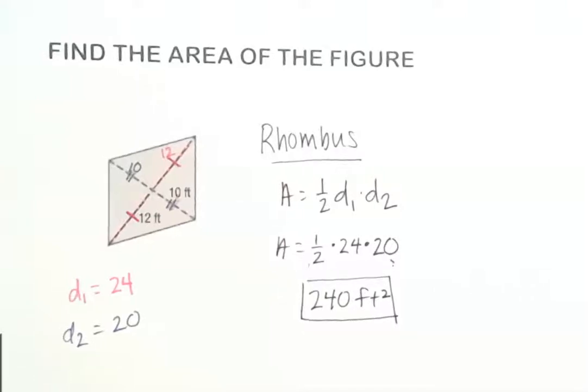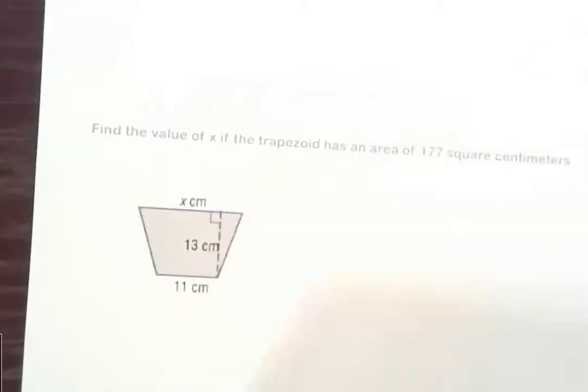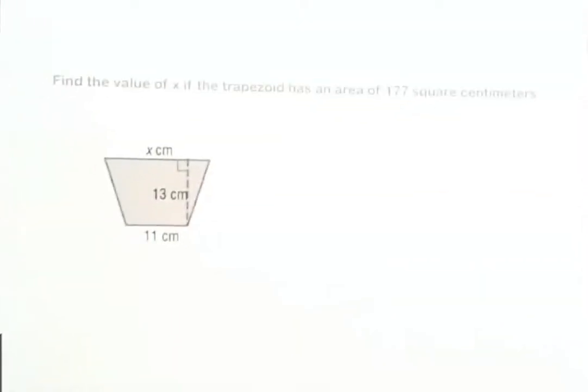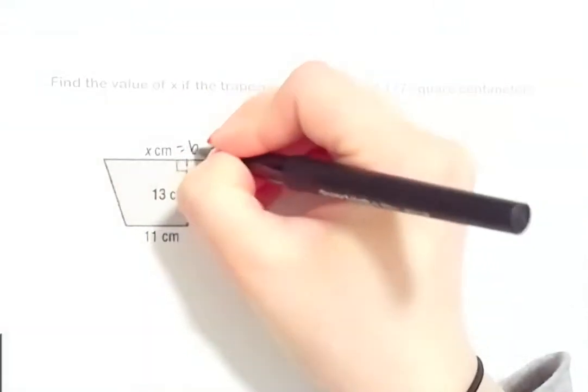And then in our other assignment, you will have to work backwards. So this next one, our last problem here, says find the value of x if the trapezoid has an area of 177 square centimeters. So we have to work backwards to find our missing base, right? Because that's what x is representing here.